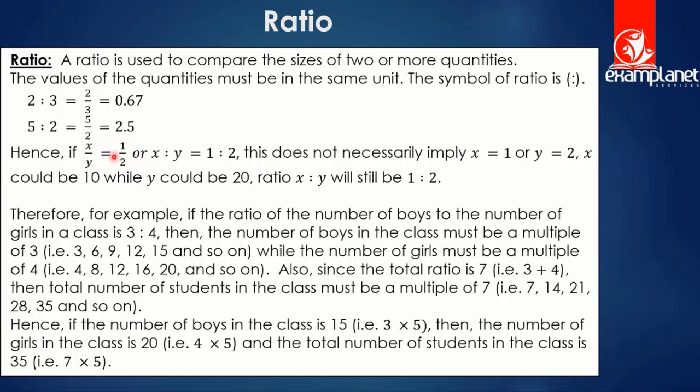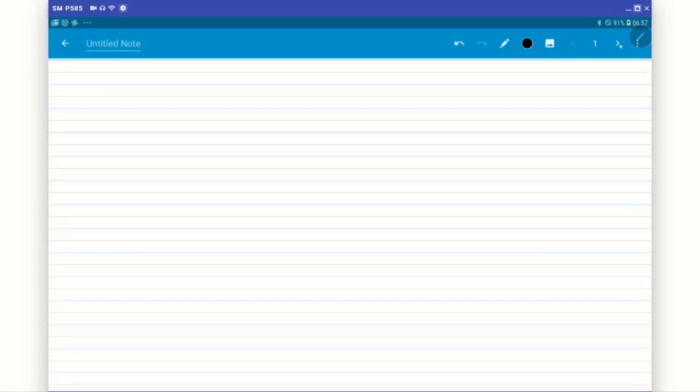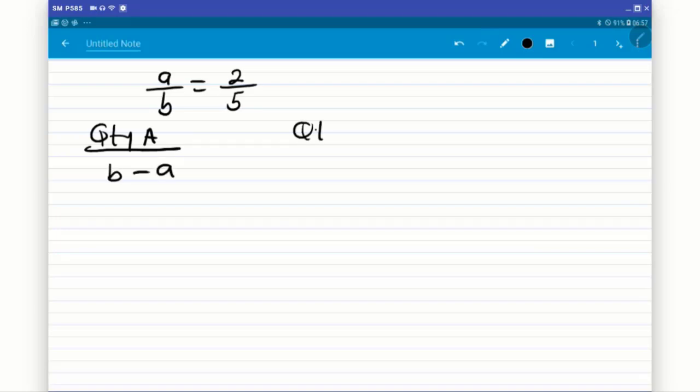So for example, you may see something like this in GRE, when they tell you a over b is equal to 2 over 5. And you have quantity A, B minus A, and quantity B, you have 3.